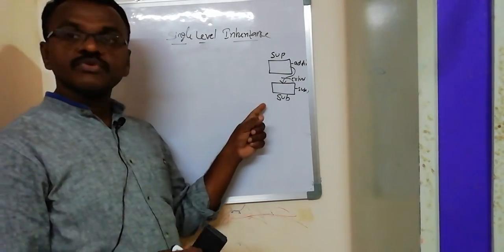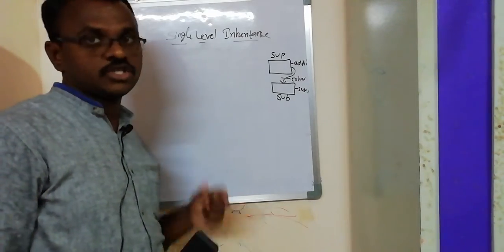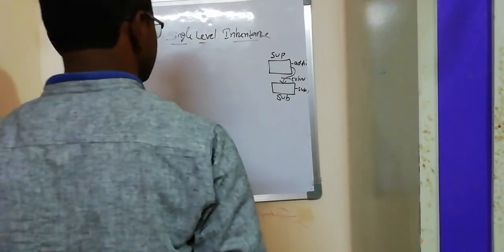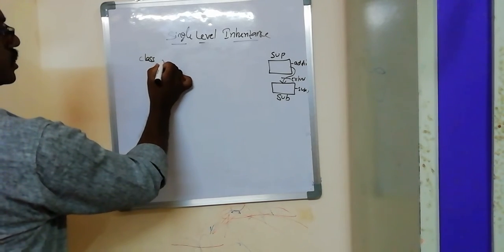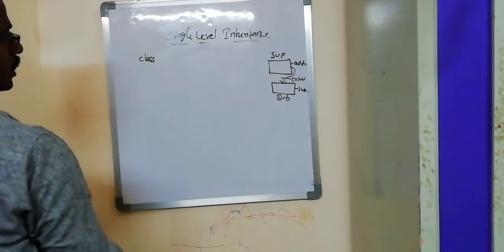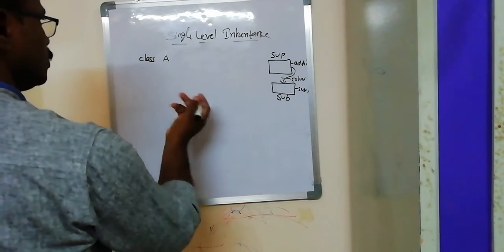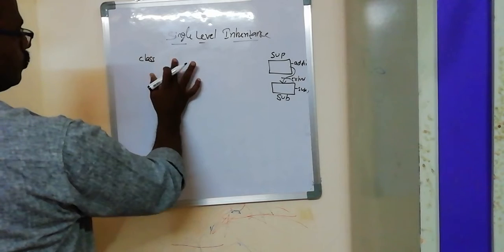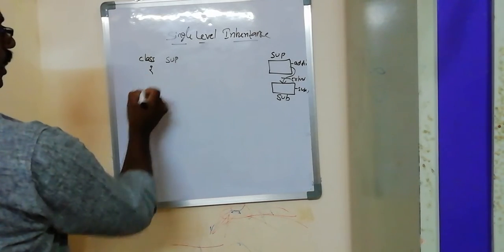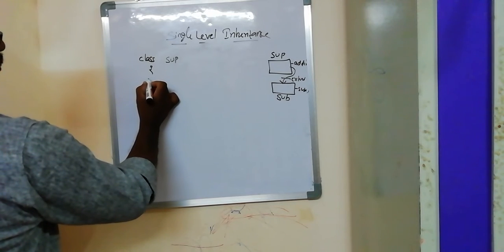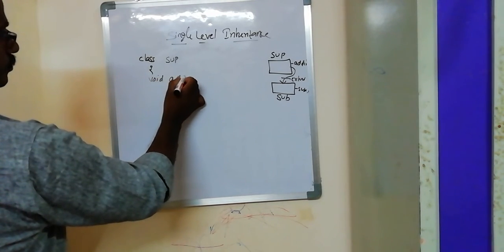Let us give an example using this flow chart. We take the keyword class, and the name of the class is SUP. We open the parenthesis. In this class we write one method, void add.